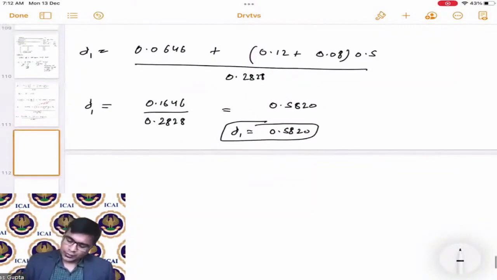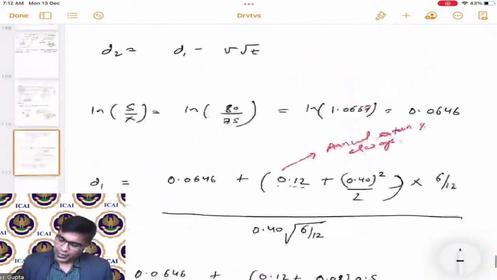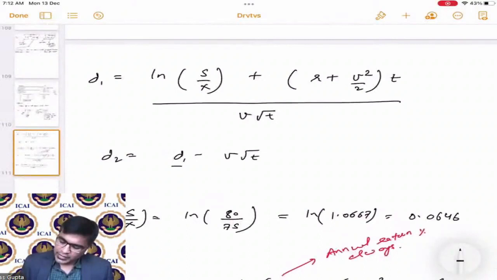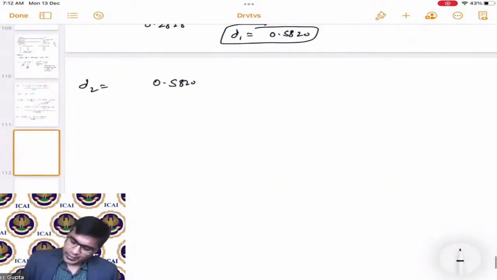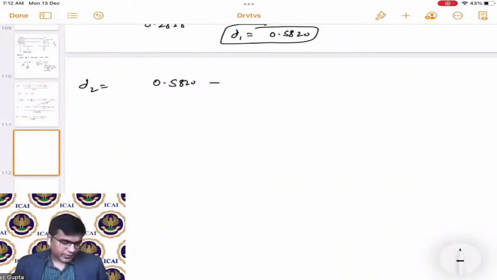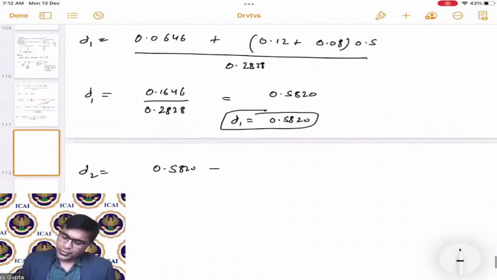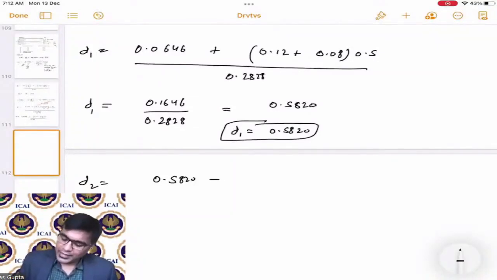Now what is D2? So D2, we know, is D1, which is 0.5820, we have put here as well. What is D2? D1 minus standard deviation under root T, the same denominator that we have used in D1, correct?